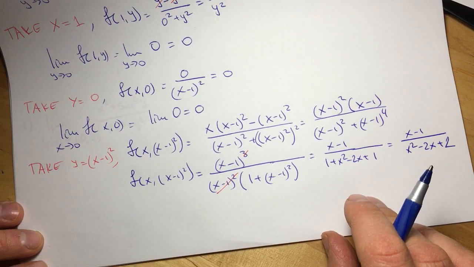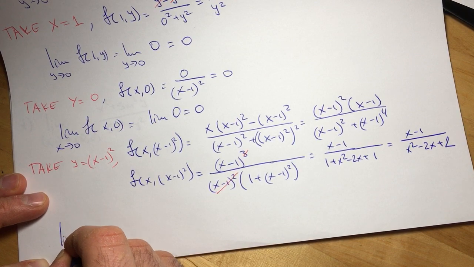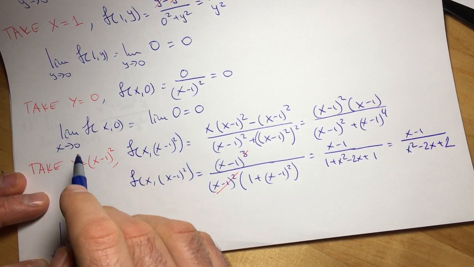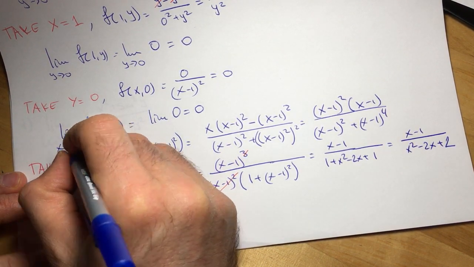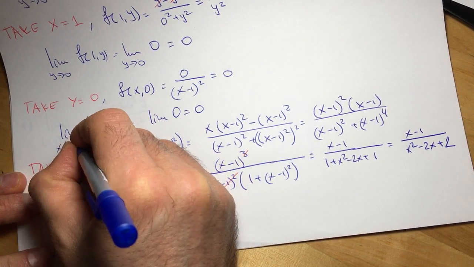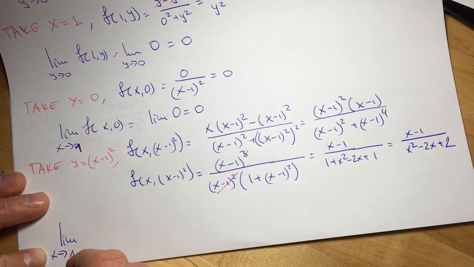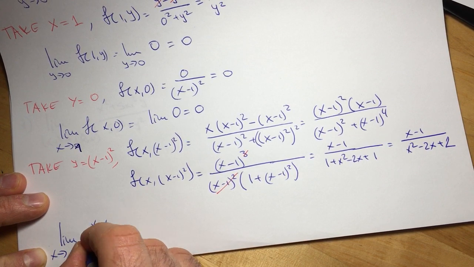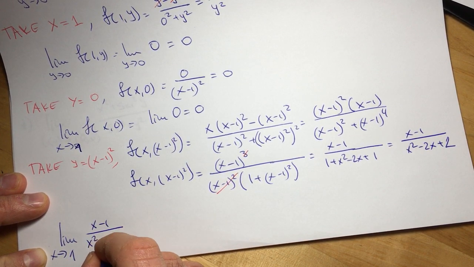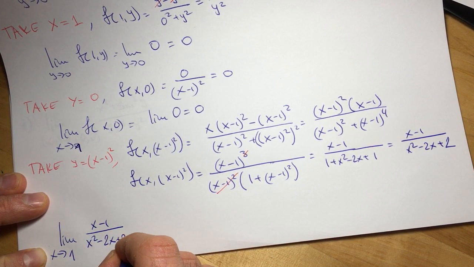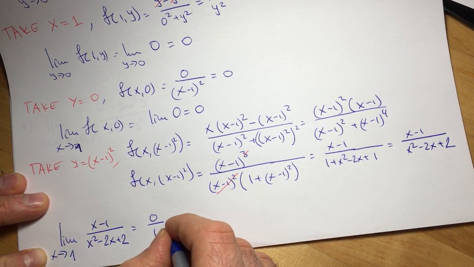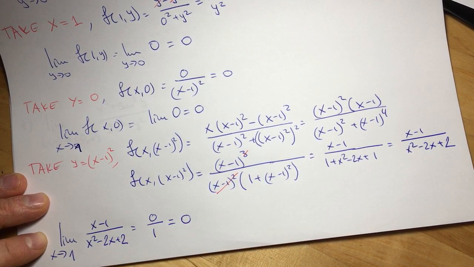But now as x goes to, I made a typo here, this is 1, x goes to 1. As x goes to 1, I get (x minus 1) over (x squared minus 2x plus 2), that's equal to 0 over 1. Again, I get the limit 0.